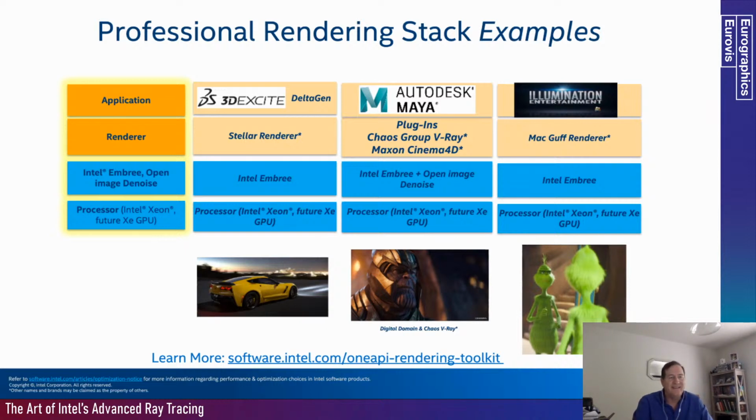Volume rendering in film for clouds, explosions, things like that, is rapidly growing. So soon you'll see Open Volume Kernel Library on this, particularly Blender is using that. But this is some of our workflows and customers here using professional rendering and some of the great stuff that can be generated.